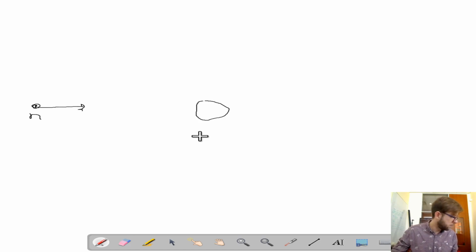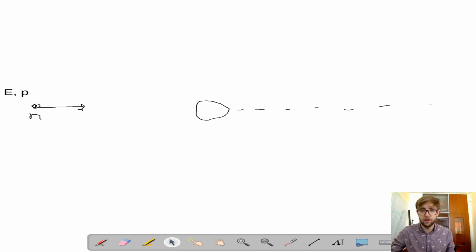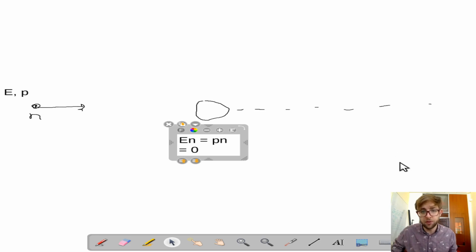We'll call this N. Initially the neutron has some energy and some momentum, and the energy of the nuclide E sub n and the momentum of the nuclide P sub n are both equal to 0. Okay?